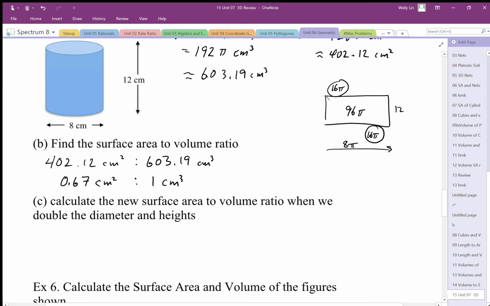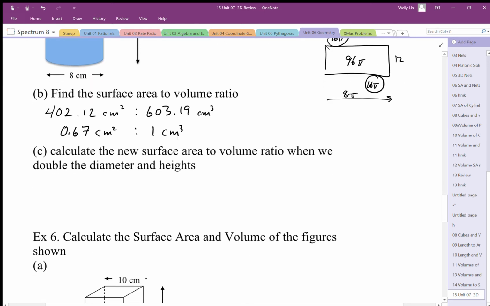So if we double the diameter and the height, what's going to happen? Well, we're going to double the length. We're going to keep the same shape. So what's going to happen to the volume? Well, remember our little chart from before? Our linear length factor is 2.